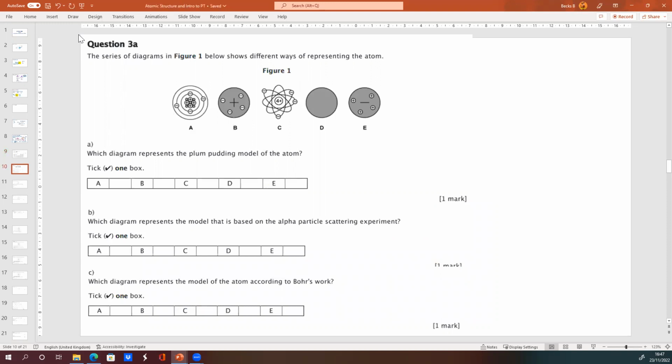So here we've got a series of diagrams around what we discussed with the change, about that changing of the model. Can you just make sure you're on mute, please, guys?